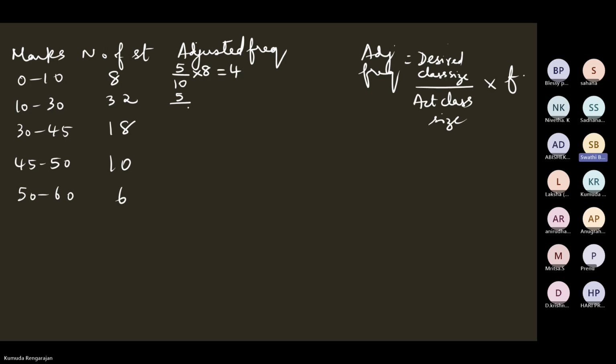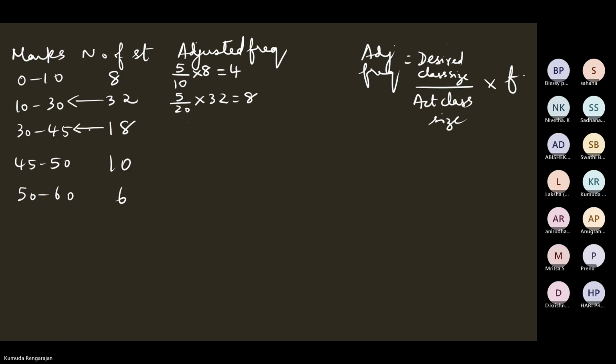So see here, what's the actual class size? 20. Into the frequency. What's the frequency? 32. Okay, so 5 ones are 5, fours are, 4 ones are 4, eights are. So frequency is 8. The adjusted frequency is 8.